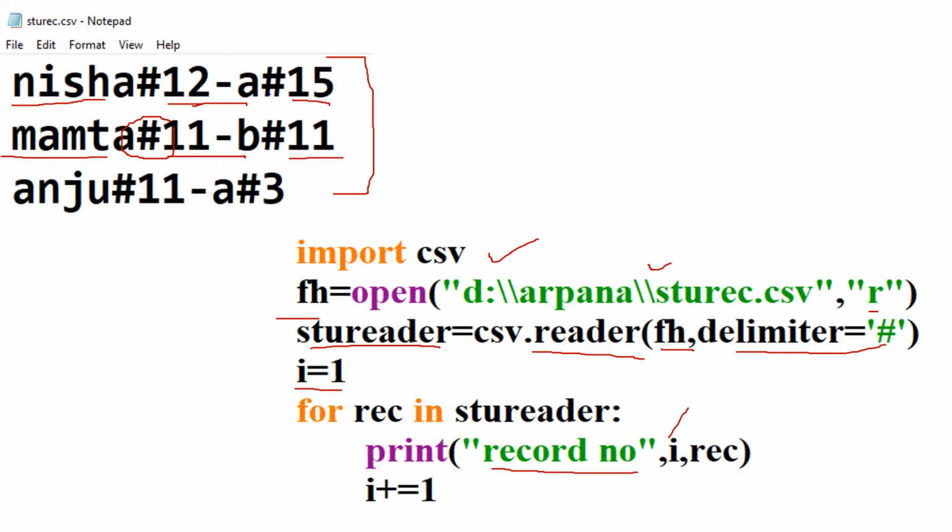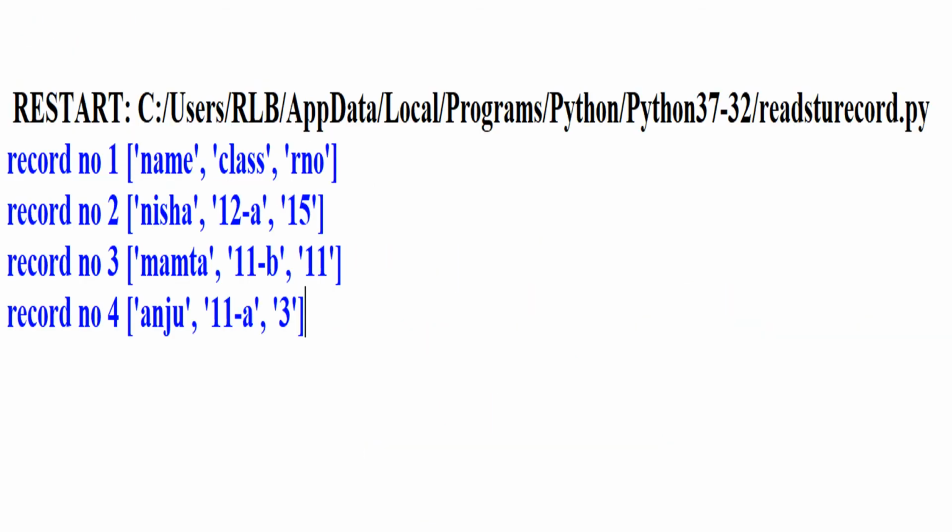As the loop executes again and again, the value of i will change from 1 to 2 to 3 to 4 and so on, because i is equal to i plus 1, that is incrementing the value of i by 1. And rec will print the record which it has accessed from the iterable in the for loop. So on execution, this will be the output display.